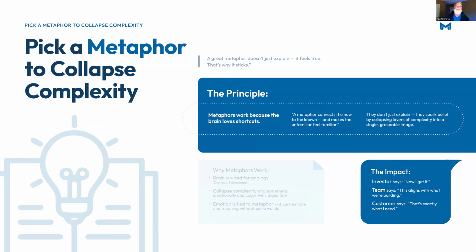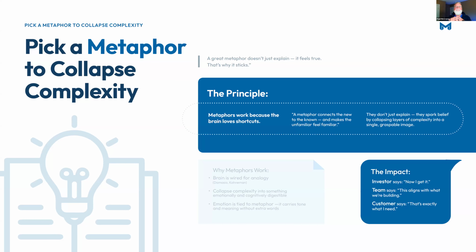The next ingredient, if possible, sometimes it's not possible, is a metaphor. A metaphor is very powerful because it can really collapse complexity. It can connect an unfamiliar thing to something that we get.